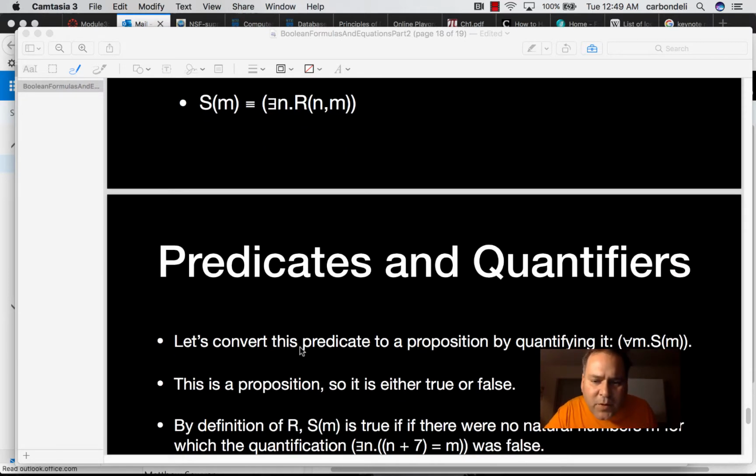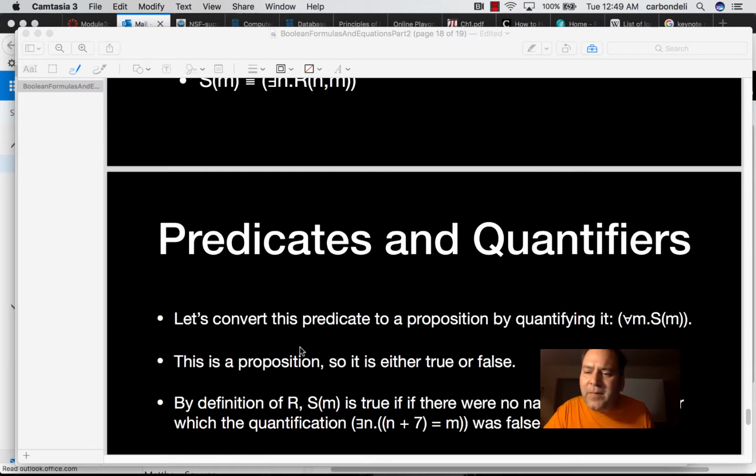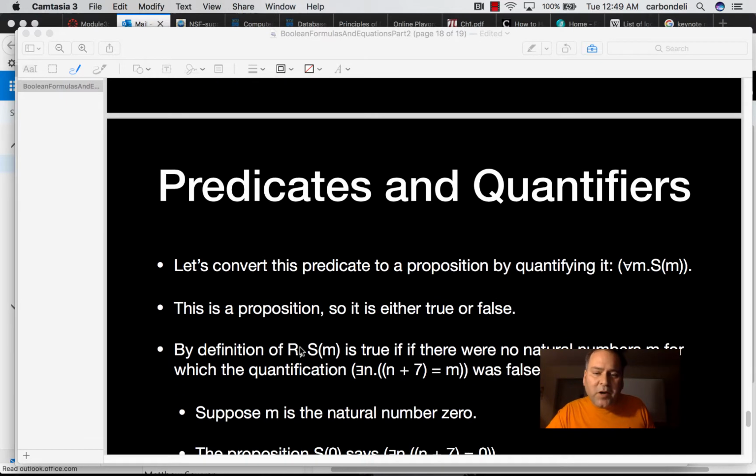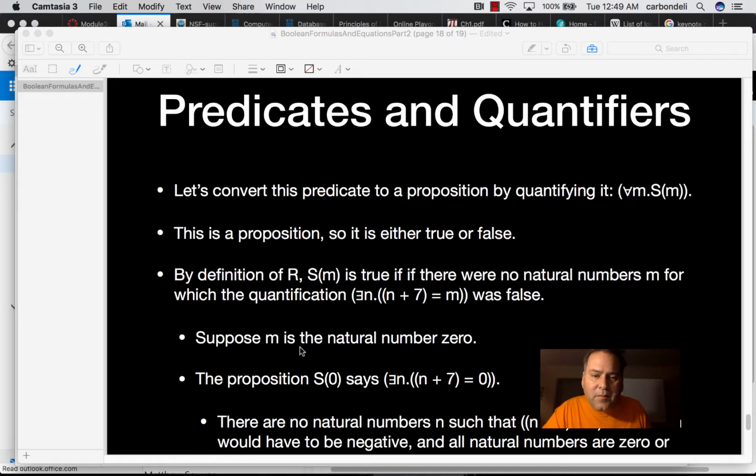Let's convert this predicate to a proposition by quantifying it. For all m, S of m. This is a proposition, so it is either true or false. By definition of R, for all m, S of m is true if there were no natural numbers m for which the quantification for some n, n plus 7 equals m, was false.